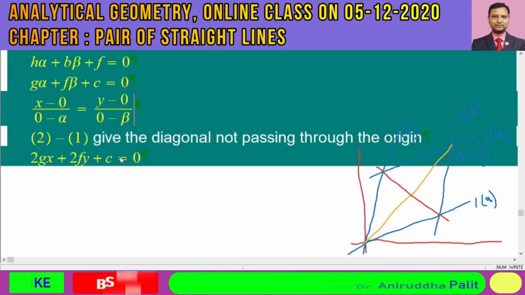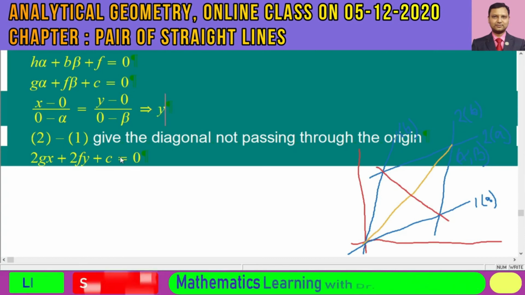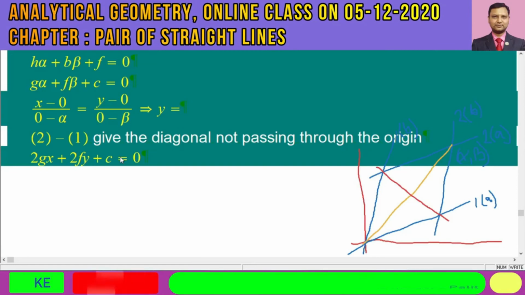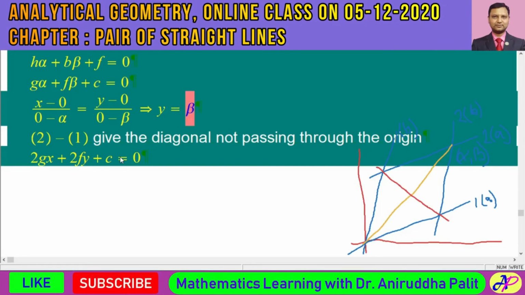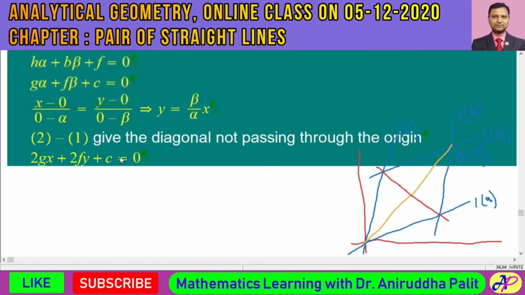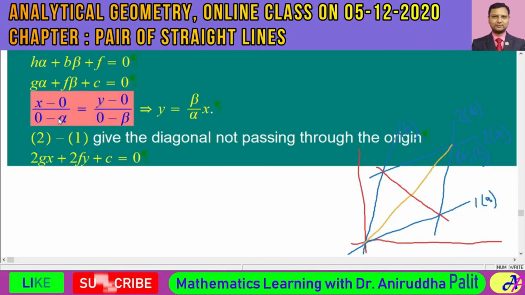So this would give us the equation y is equal to beta divided by alpha into x. If you compute it, is it clear to you, this kind of expression?